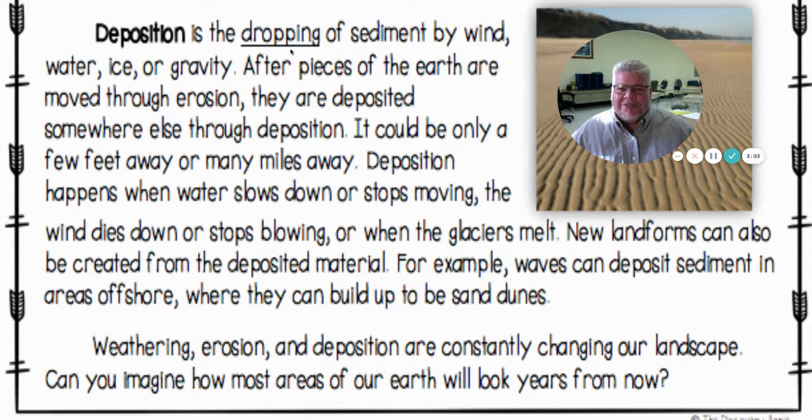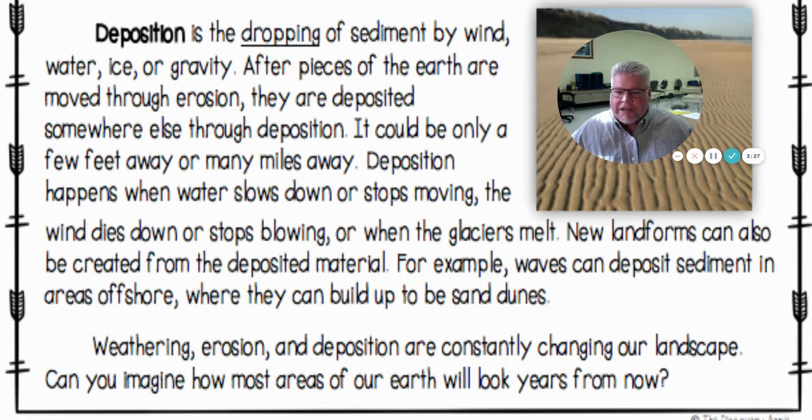Deposition is the dropping of sediment by wind, water, ice, or gravity. After pieces of the earth are moved through erosion, they're deposited somewhere else through deposition. It could be only a few feet away or many miles away. Deposition happens when the water slows down or stops moving, the wind dies down or stops blowing, or when glaciers melt.